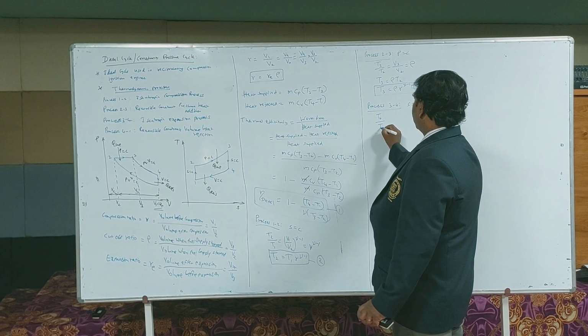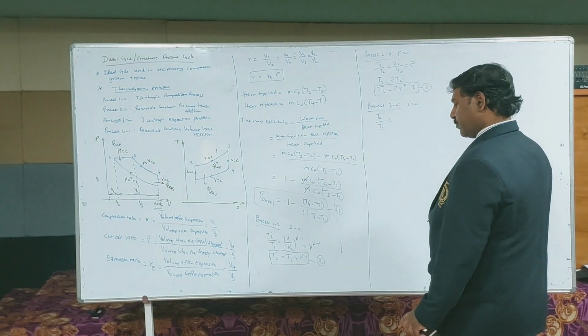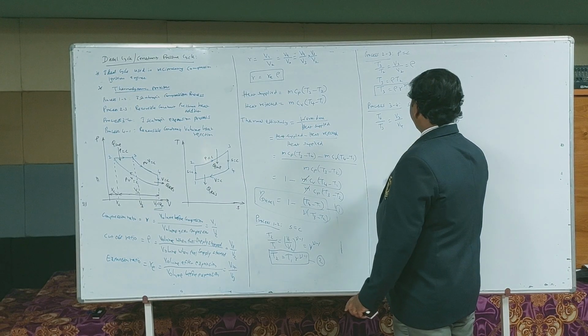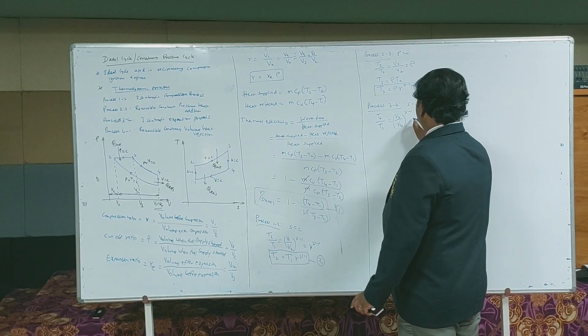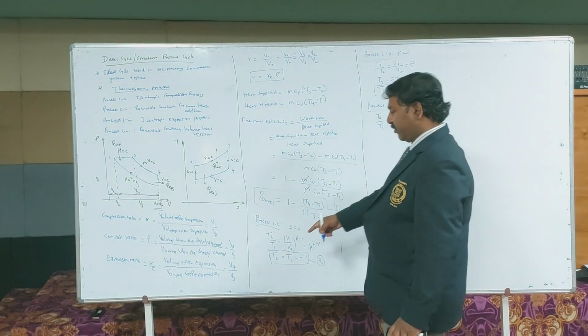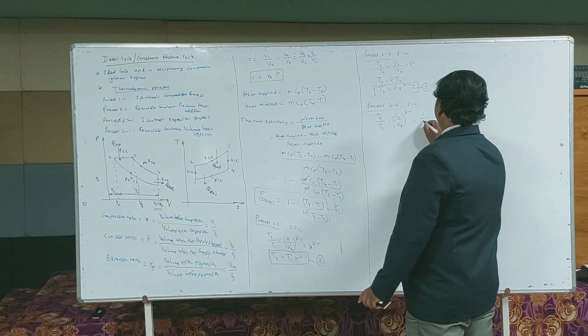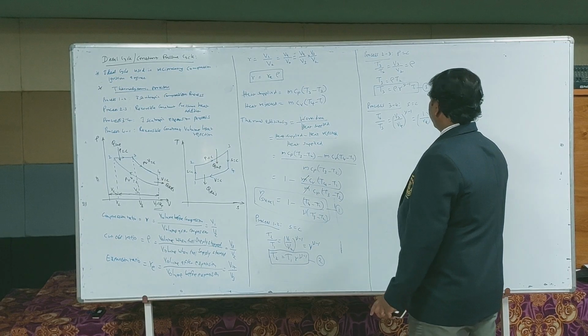So T4 by T3 is equal to V3 by V4 power gamma minus 1, but we know V4 by V3 is Re, therefore we can write 1 by Re power gamma minus 1.